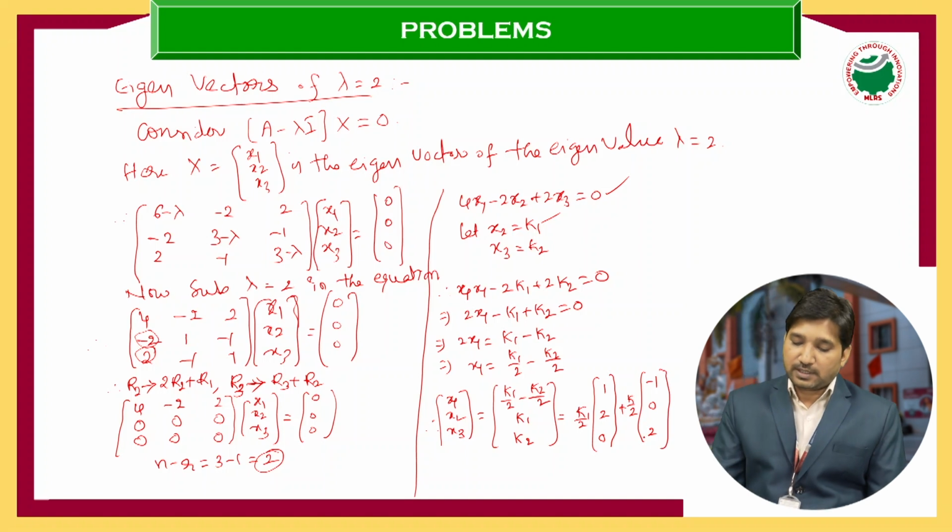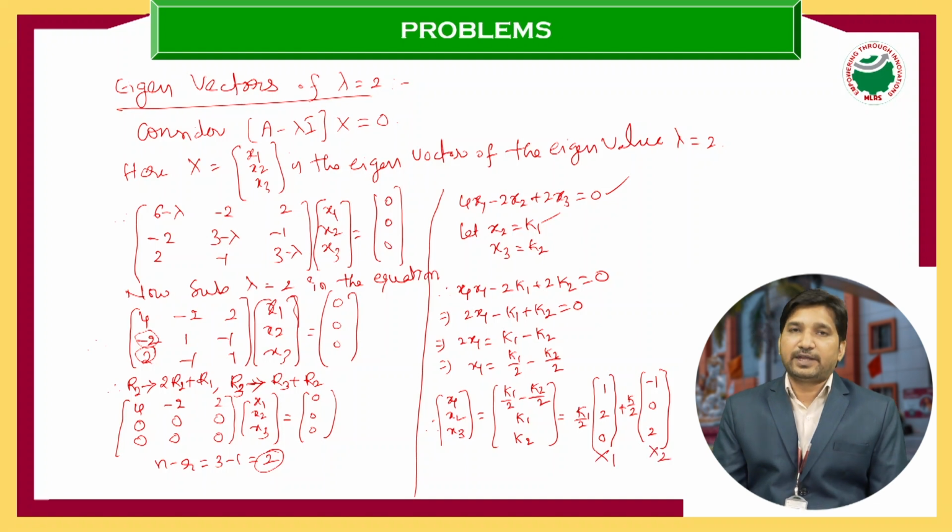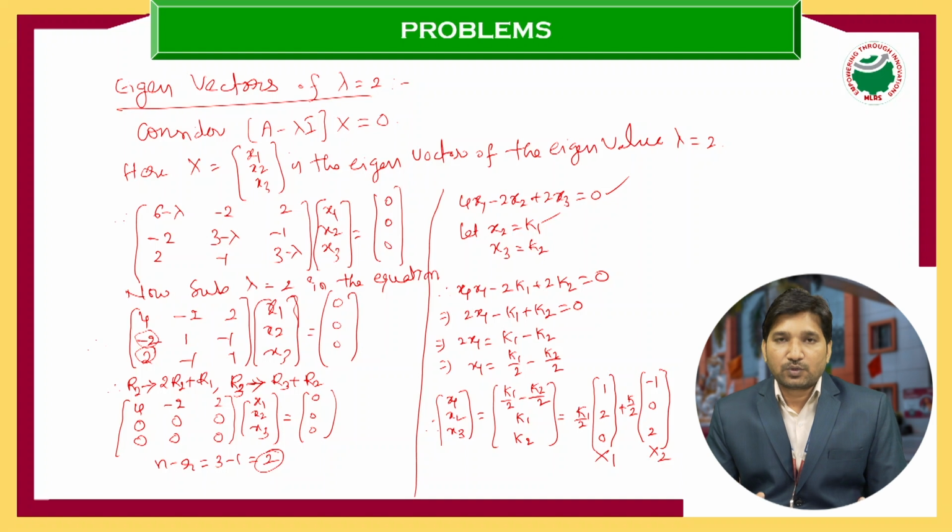So this is the first eigenvector. Now take the second eigenvector. Two eigenvalues are repeated, so we will get 2 eigenvectors.